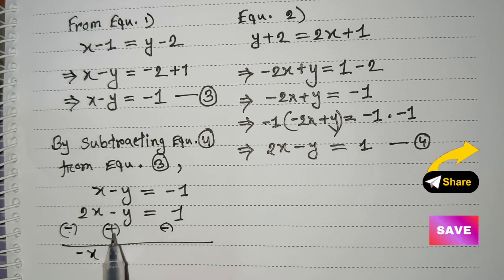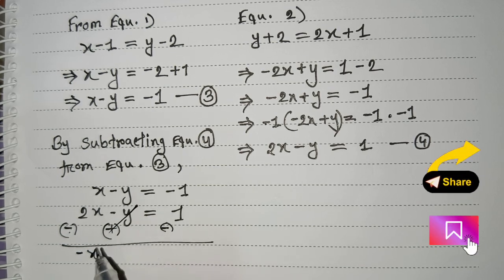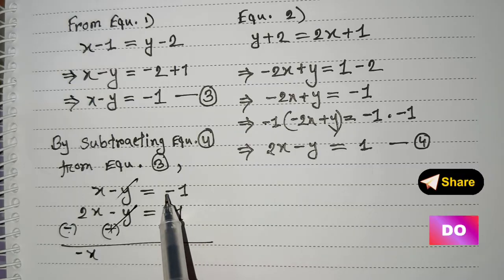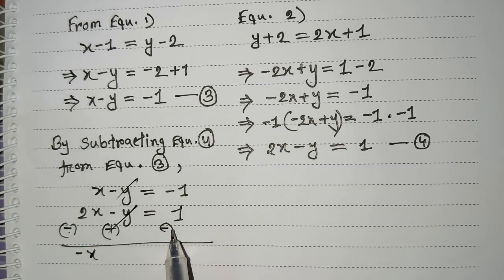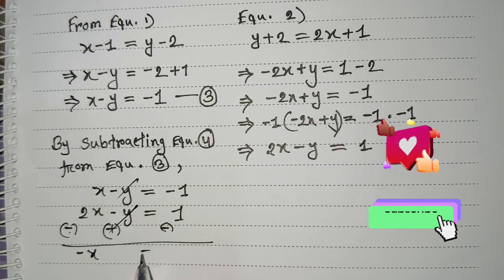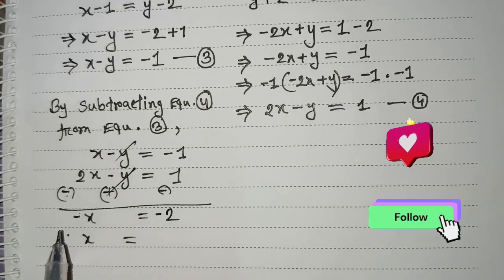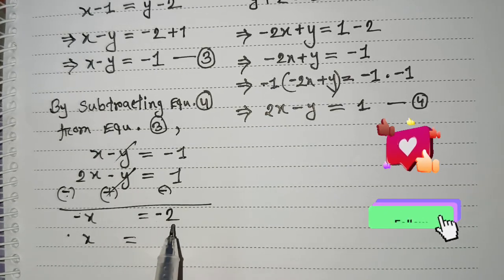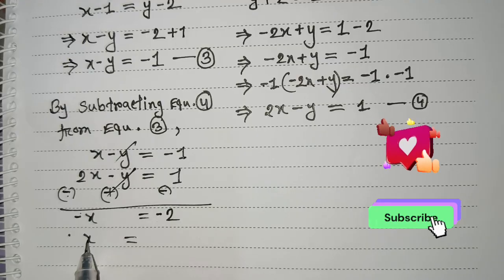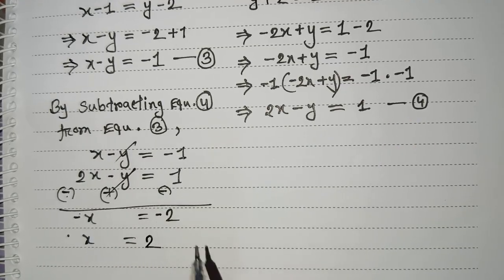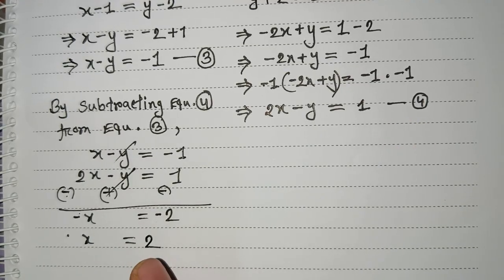Minus y and plus y are gone. Minus 1 and minus 1 equals minus 2. Multiplying negative 1 on both sides, it becomes x equals 2. So the value of x is 2.